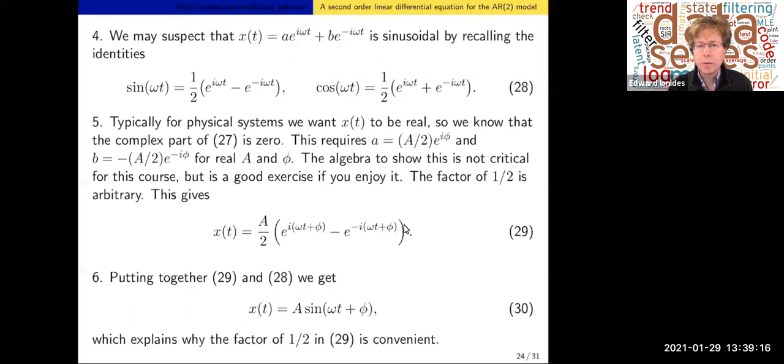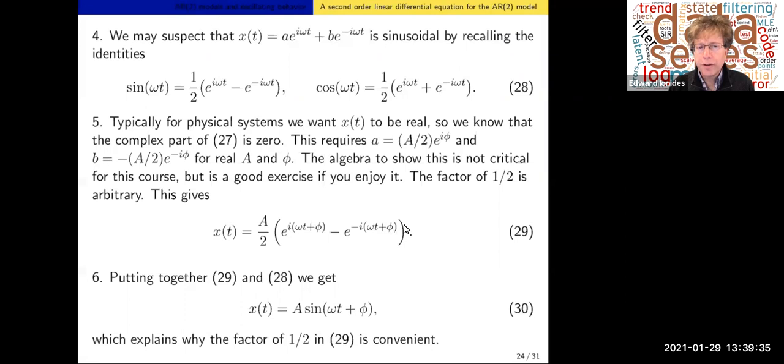And if you do that algebra, you find that a and b have to have the form a is some constant e to the I phi, and b is minus the constant e to the minus I phi. And I'm going to call the constant big A over 2, and phi is some other real number.